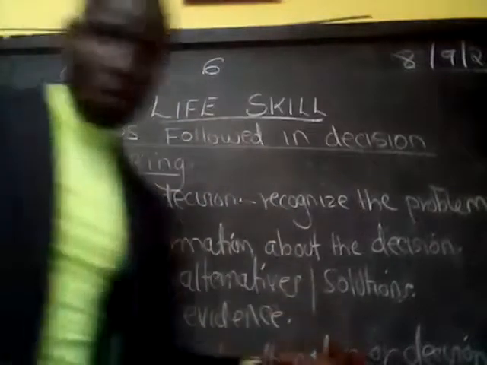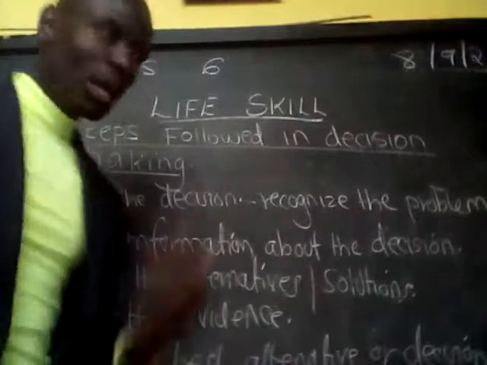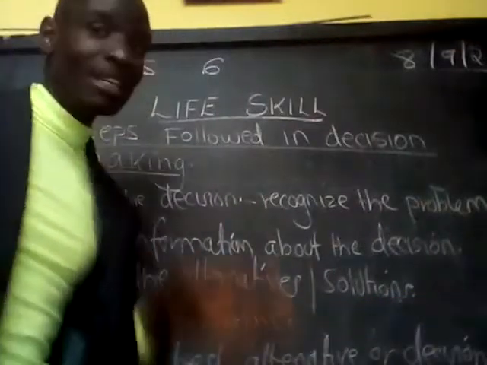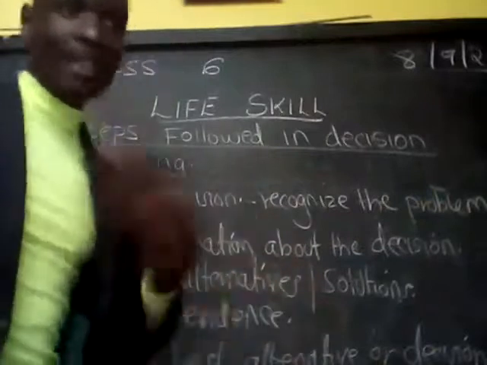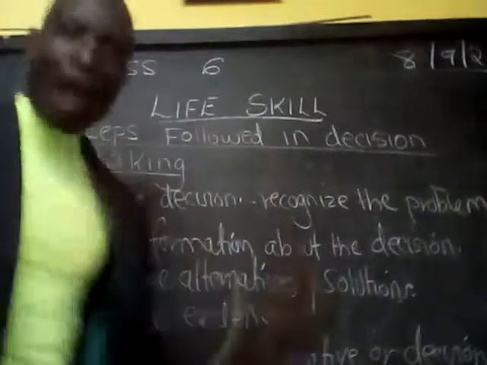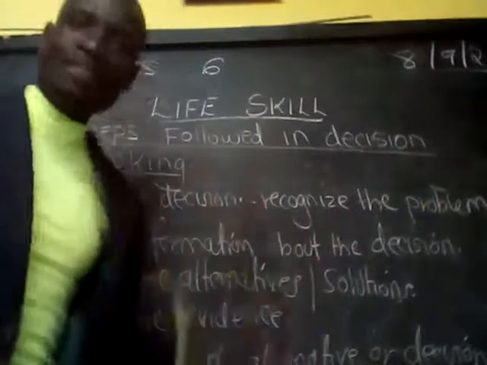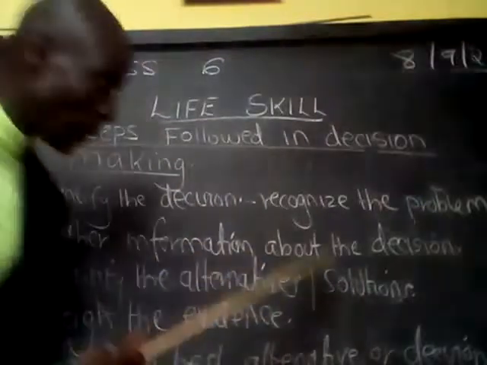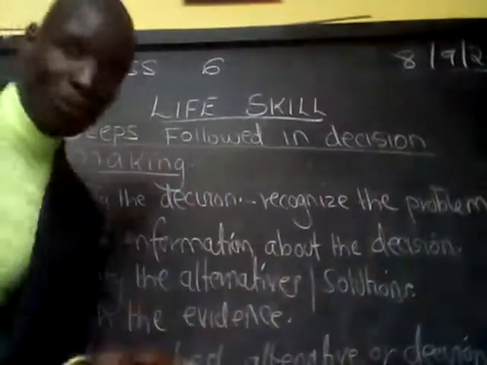Before you go, is it safe for you or not? If it's safe, how safe is it? Has it been confirmed to you? We are gathering information about the decision you are about to make.